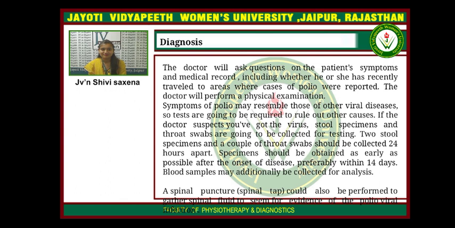Specimens should be obtained as early as possible after the onset of disease, preferably within 14 days. A blood sample may additionally be collected for analysis. A spinal puncture could also be performed to gather spinal fluid to look for evidence of the poliovirus infection.